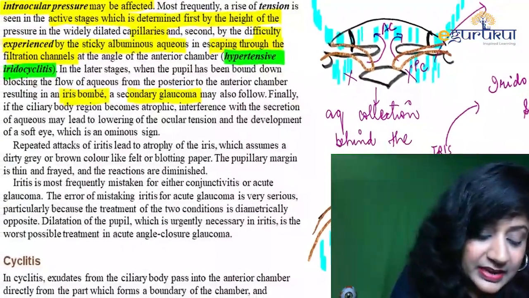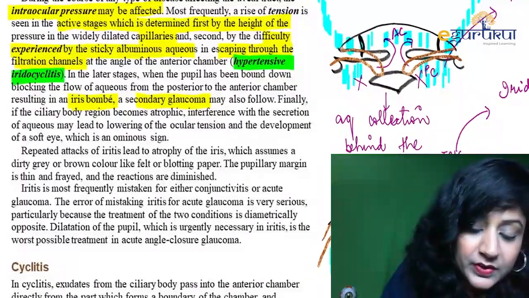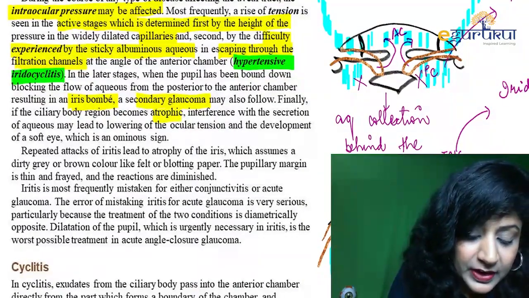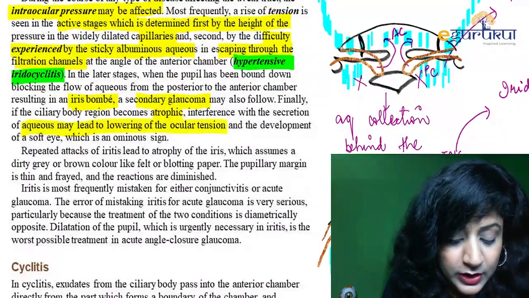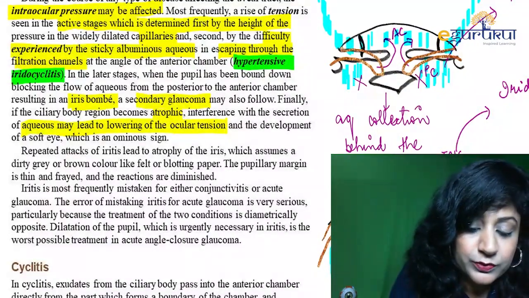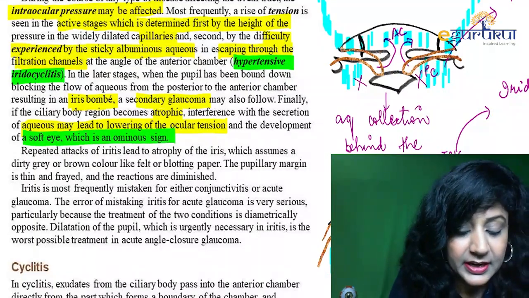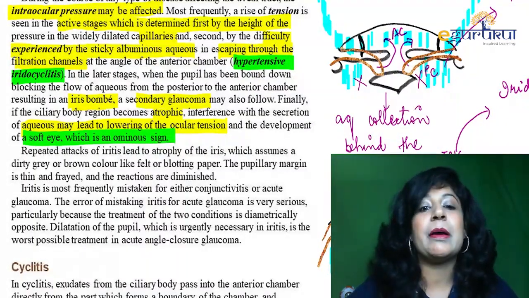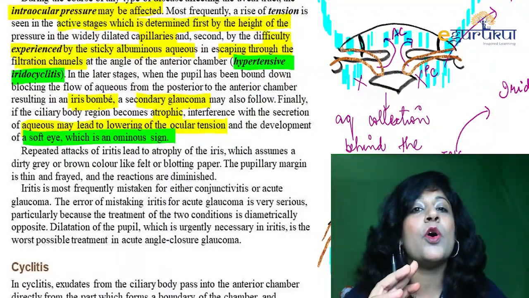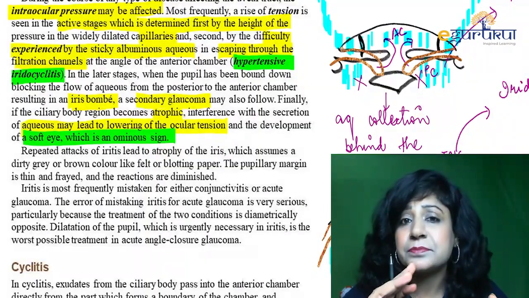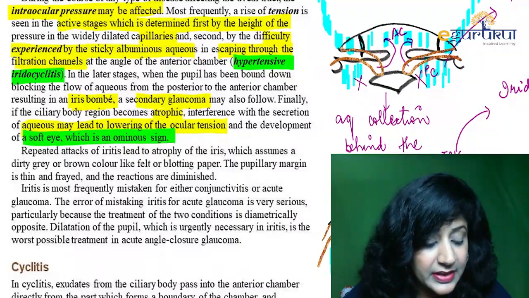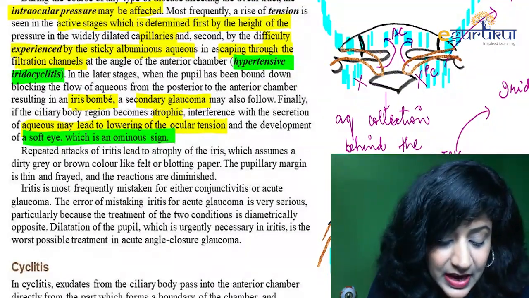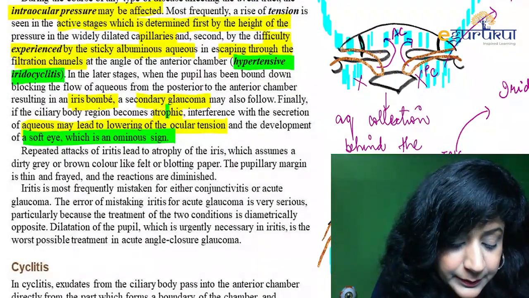So what they are saying is that finally, if the ciliary body region becomes atrophic, interference with the secretion of the aqueous may lead to the lowering of ocular tension, and there will be a soft eye, and that will become the ominous sign. Initially you have so many reasons for the increase in the intraocular pressure, but slowly and gradually there will be degeneration.